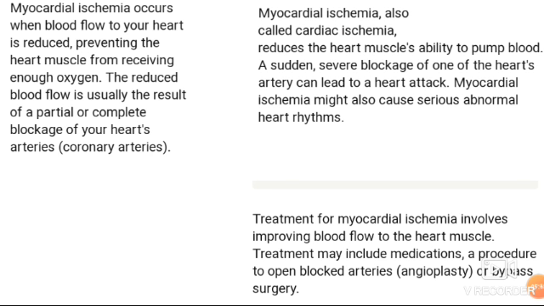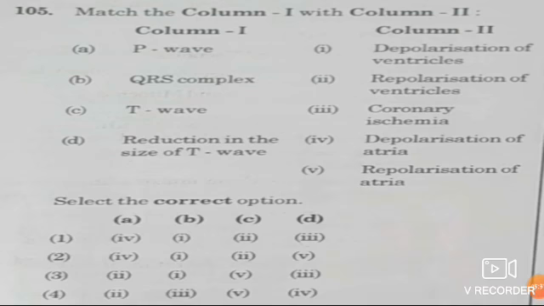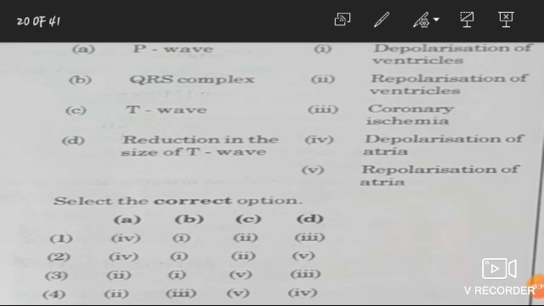Now we will try to solve this question. First of all is P wave. As we had discussed, P wave represents the depolarization of the atria. So P is matched with 4. Next one, QRS complex. It represents the depolarization of the ventricles. So it matches with option 1.